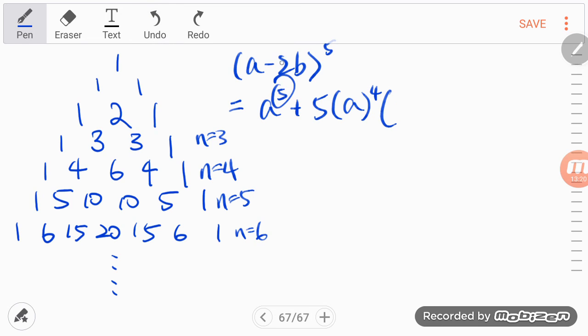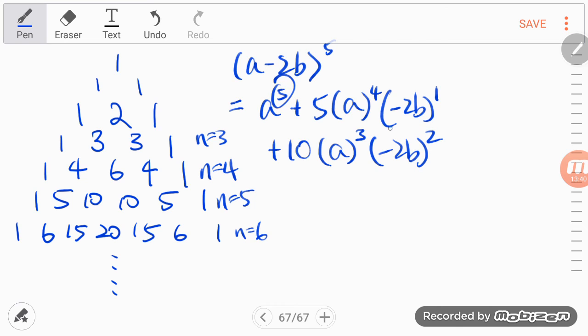So my second term, negative 2b, is going to have a power of 1. And then I'm going to have plus 10, which is from here, the 10 there. A to the power of 3, negative 2b squared, right? So again, 4 dropped to 3, and 1 became 2.